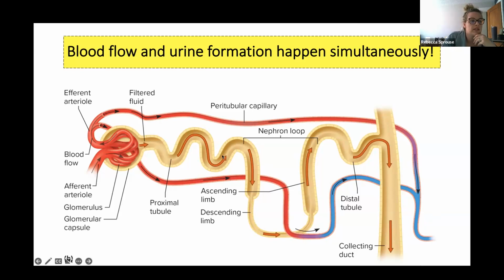Blood flow and urine formation happen simultaneously. So as filtrate is being filtered out here, we also have blood circulation happening here. It's clean blood, right? The blood is about 99% cleansed after it goes through the kidney, which is pretty fascinating.